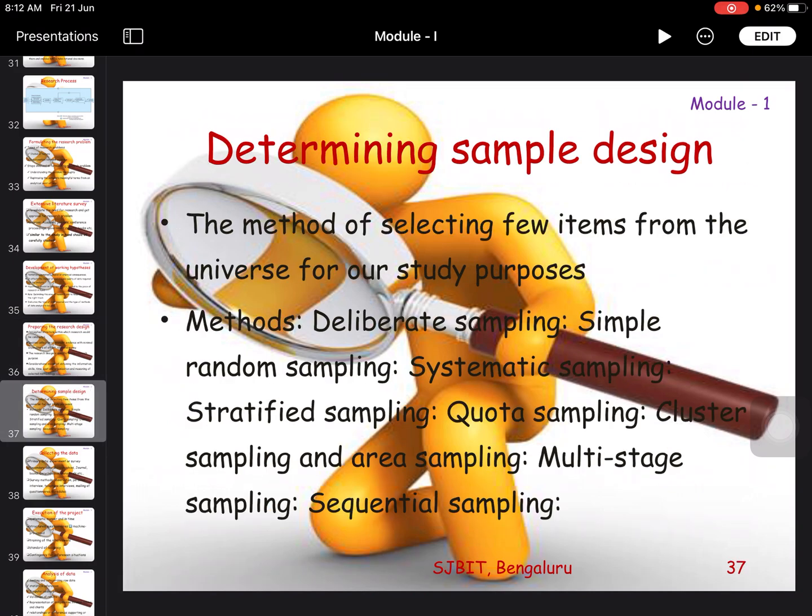So one sample design is selecting a few items from the universe of our study purpose. So in deliberate sampling, you have different ways in which sampling data can be taken, which is nothing but procuring the data in several ways: systematic sampling, stratified sampling, quota sampling, cluster sampling, area sampling, multi-stage sampling, sequential sampling.